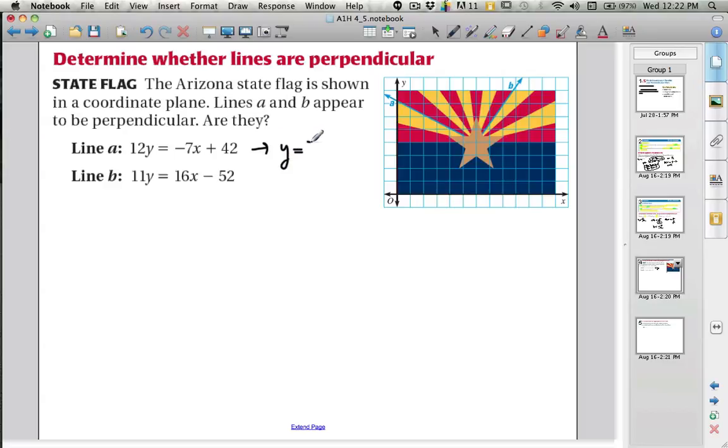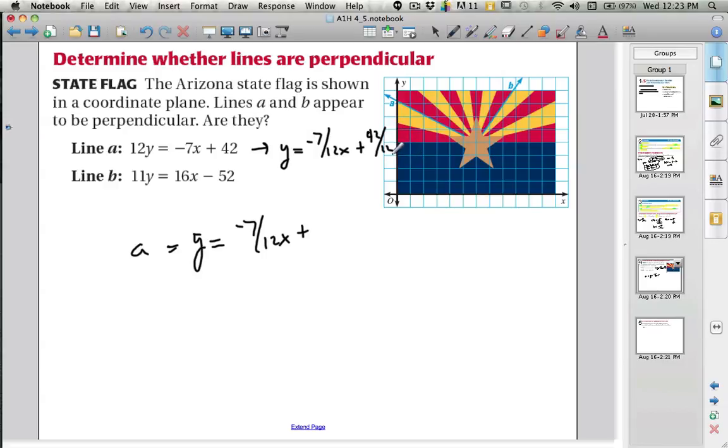So y would equal negative 7/12 x plus 42 divided by 12. So if I want to simplify that, y is equal to negative 7/12 x plus 42 divided by 12, which would be 21.